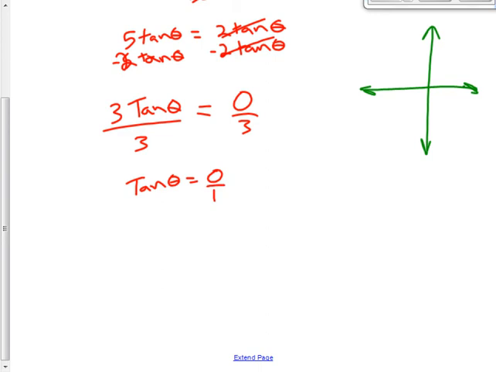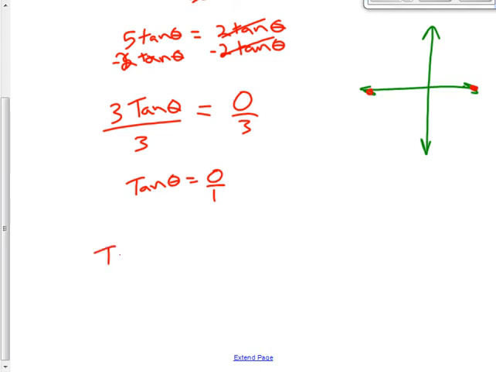So what ends up happening is that I'm actually on the x-axis here, because I didn't go anywhere up and down, but I went to the left and right. So I actually have the point right here.